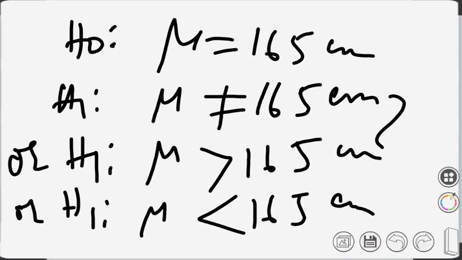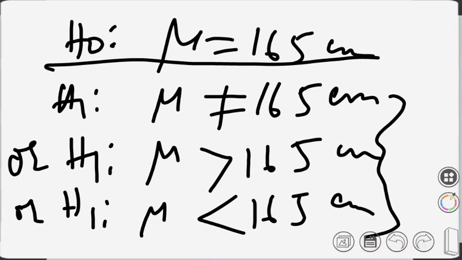So these are the three possible alternative hypotheses that can be paired with one single null hypothesis. That depends upon what is being asked.